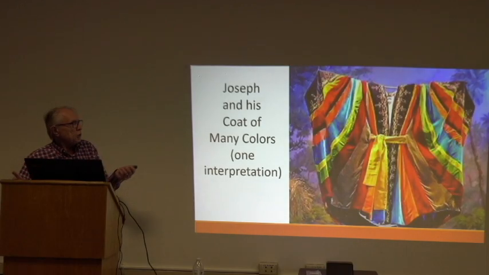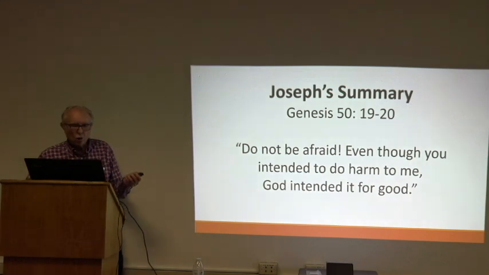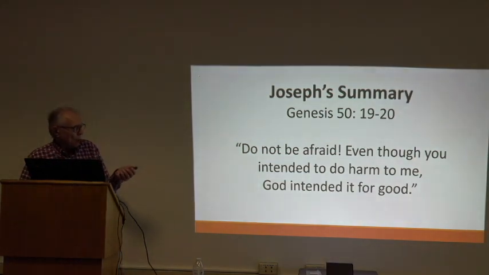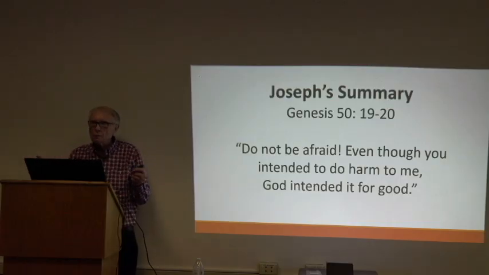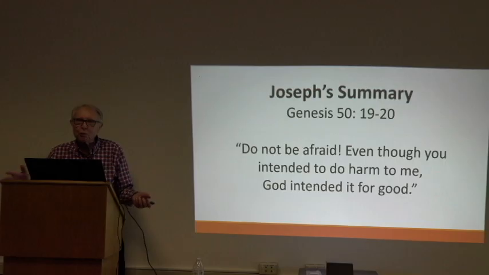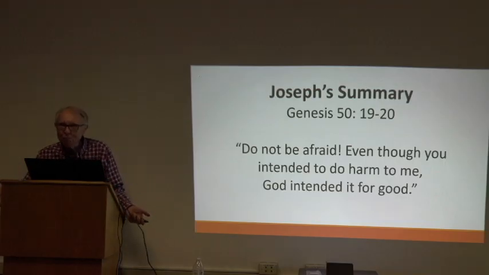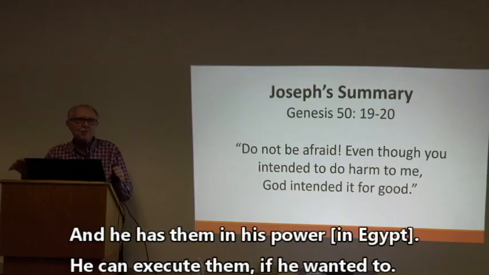I asked you to read Joseph and his coat of many colors, which is there. And Joseph's summary is found in Genesis 50. This is when Joseph, who had been betrayed by his brothers, sold into slavery after they decided not to kill him because they were so angry at him. And he has them in his power.